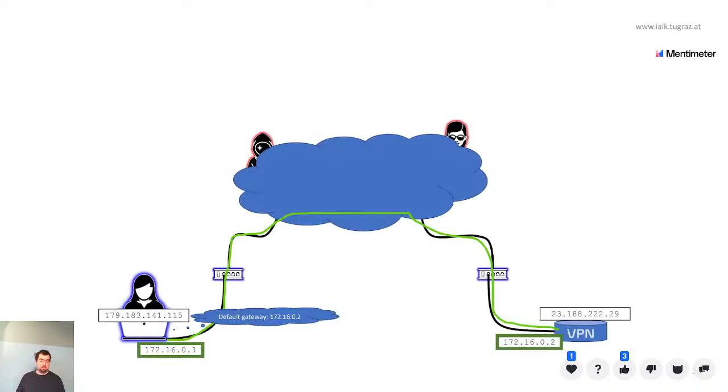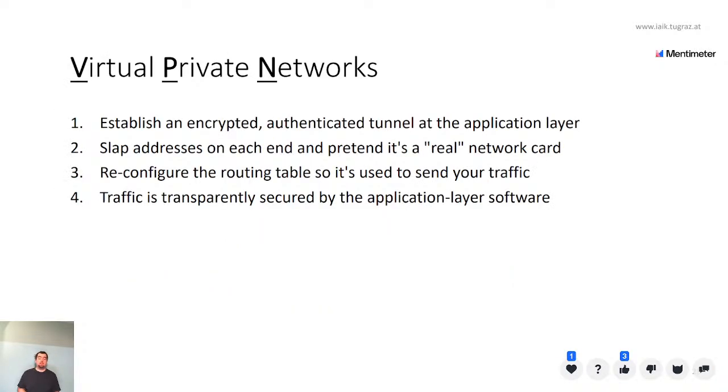Yeah, and that's the idea. So we just change the default gateway to be the other side of this tunnel, this made up network card, and then our network card driver just takes any data it's supposed to send, encrypts it, sends it over the tunnel, and done. That's VPNs.